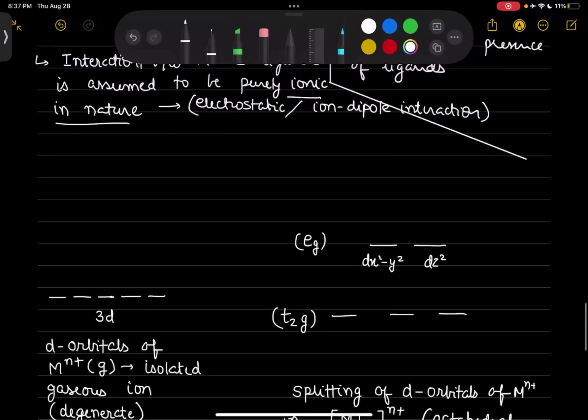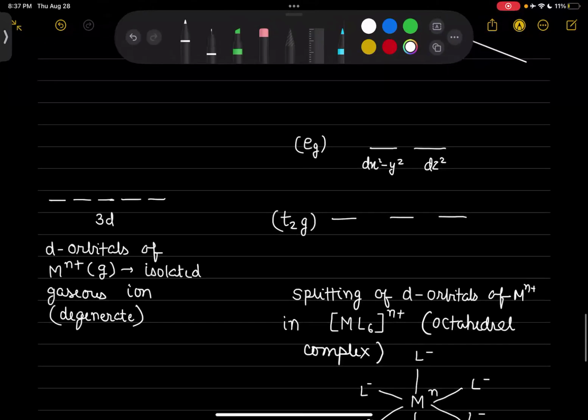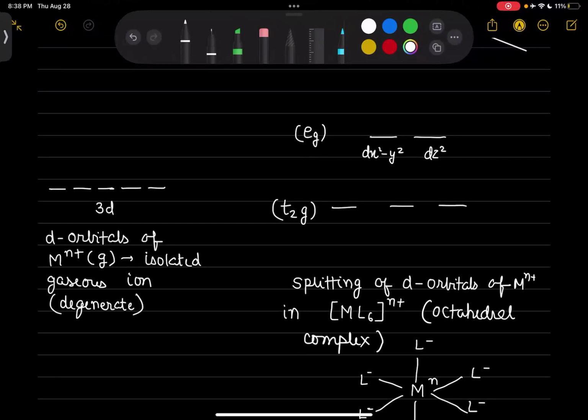There are 5 d orbitals, and I will explain the diagram also to recall what you have studied in 11th. 2 of them are along the x-axis, y-axis and z-axis: dx2-y2, or dx square minus y square, and dz square along the z-axis.